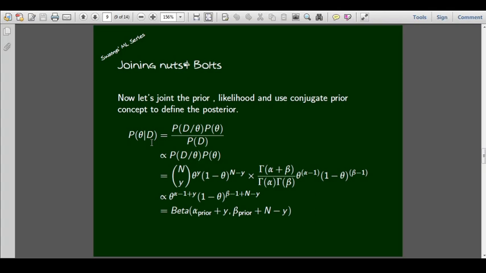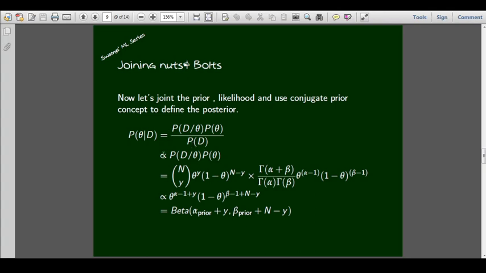To make it calibrated or normalized, we use this denominator. If we exclude this denominator, the equals sign will change. In that case, we use proportionality. In another sense, this P of D, the evidence, is just a proportionality constant, nothing else. So I avoid this P of D.